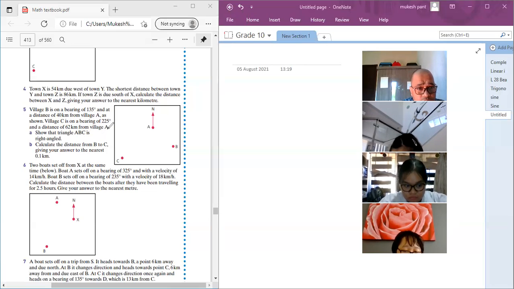First we just look for B. B has a bearing of 135 and a distance of 40. So join A and B.